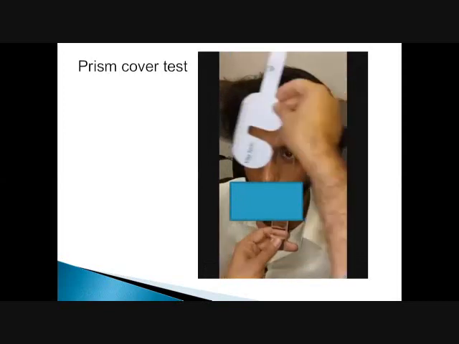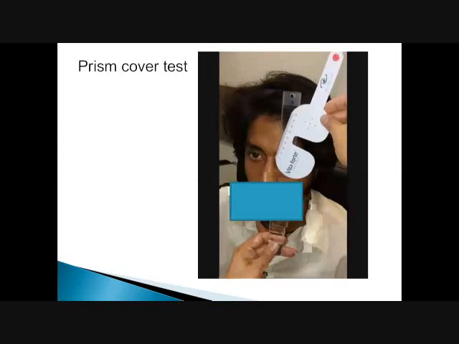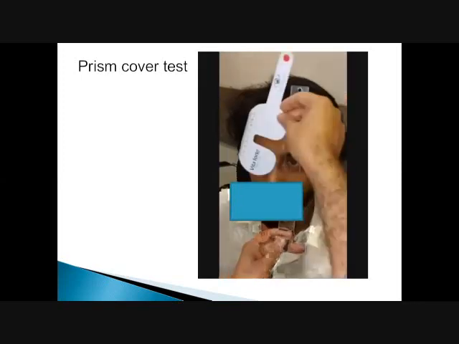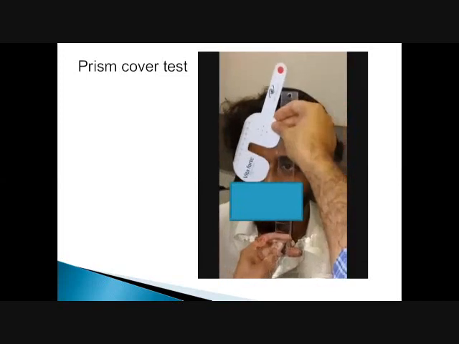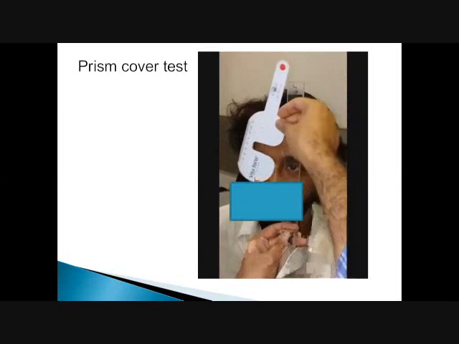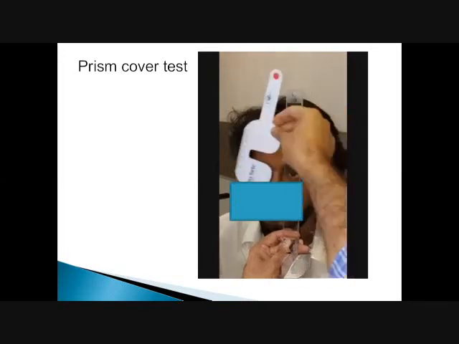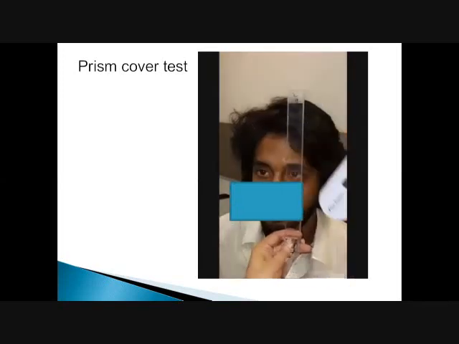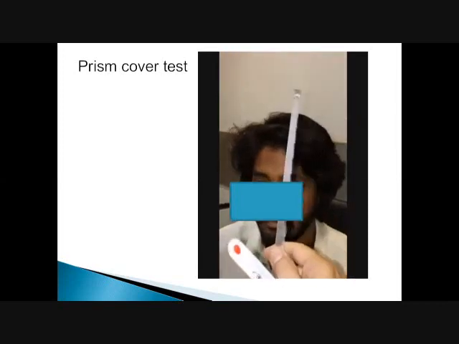Because in this patient there was right hypotropia, or you can say the left hypertropia, we are gradually increasing the power of the prism with the help of the prism bar. And in this prism bar, you will notice that the apex of the prisms is upwards. So the apex is directed towards the direction of the squint. You can see these are the numbers, how much is the squint.